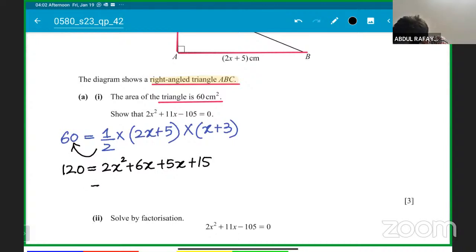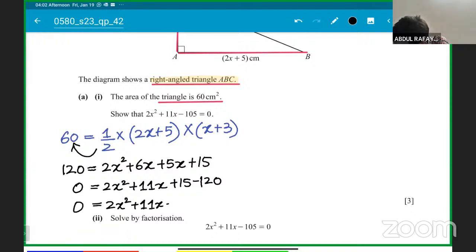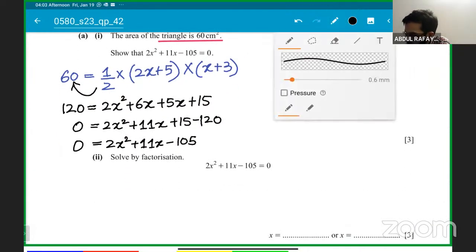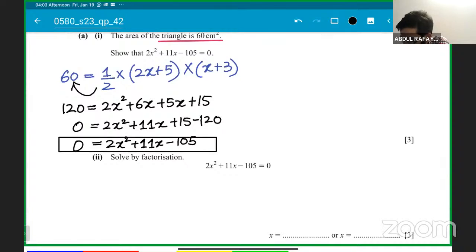It will be 2x square plus 11x plus 15 minus 120 equals 0. So 0 equals 2x square plus 11x minus 105, which is exactly matching, and you will get the 3 marks for this. Anyone have any doubts? Let me know.